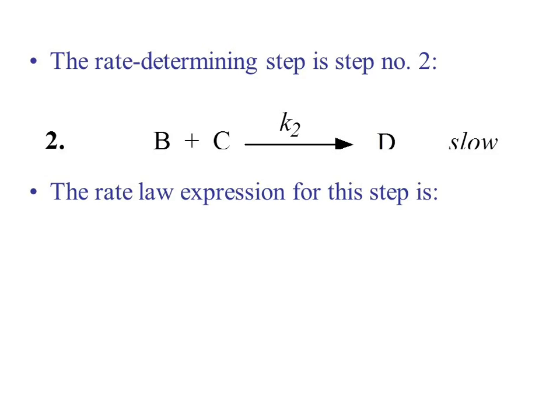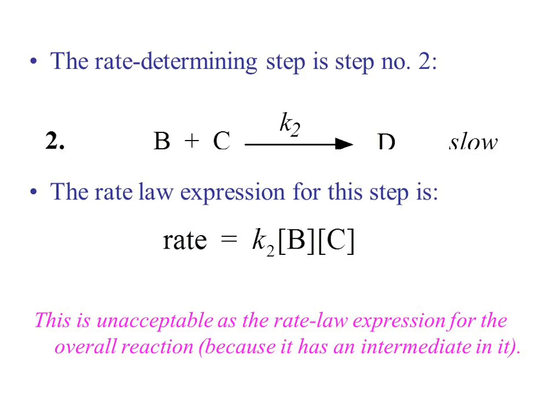In order to come up with the rate law expression, we focus on the slow step, and we can use molecularity with that second elementary step. That's why it's K2, because it's the second elementary step. The molecularity involves an intermediate molar concentration of B.